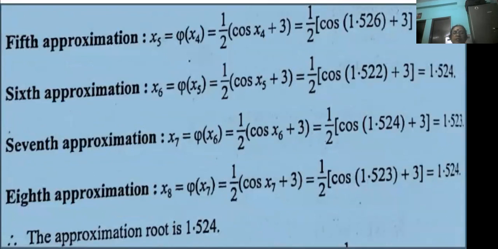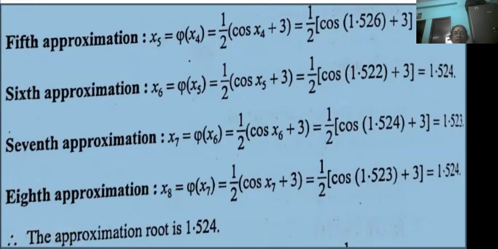The sixth approximation is given by phi at x5, 1 by 2 into cos of 1.522 plus 3. We can see that value is 1.524. The seventh approximation is given by phi at x6, 1 by 2 into cos of 1.524 plus 3, that is equal to 1.523.